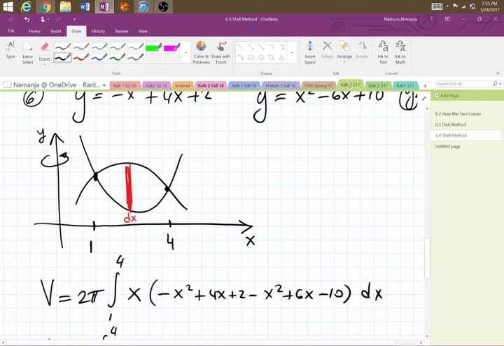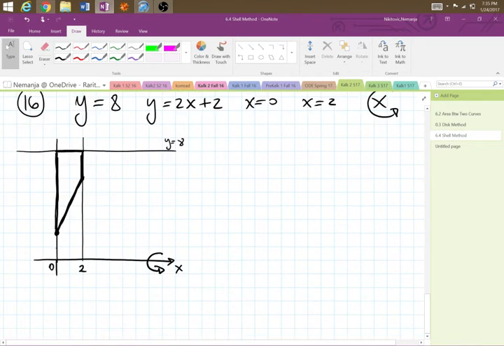Over here, since I said I'm going to do disk first, let's do that in blue. Remember that the disk method is always perpendicular to the axis of rotation. The axis of rotation is x, and you see that this is perpendicular to it, right?